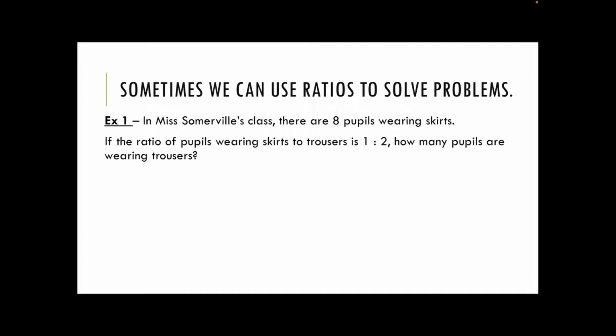So the first thing we're told is that the ratio is skirts to trousers, and that is 1 to 2. The other piece of information we're given is that 8 pupils are wearing skirts. So 8 is going to have to go underneath S for skirt. Now, just like our simplifying, we're thinking, how can I get from 1 to 8 using my timesing or dividing?